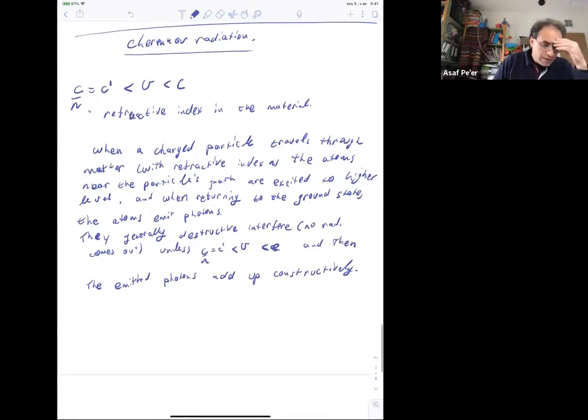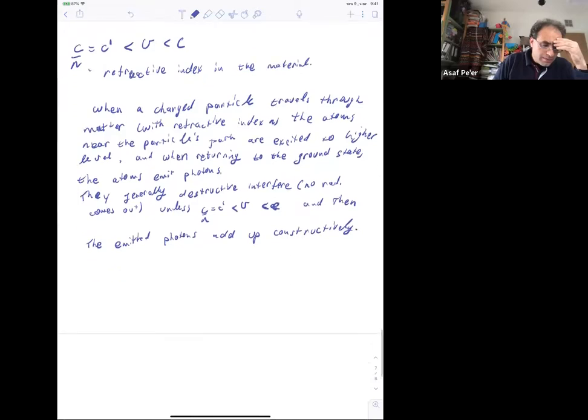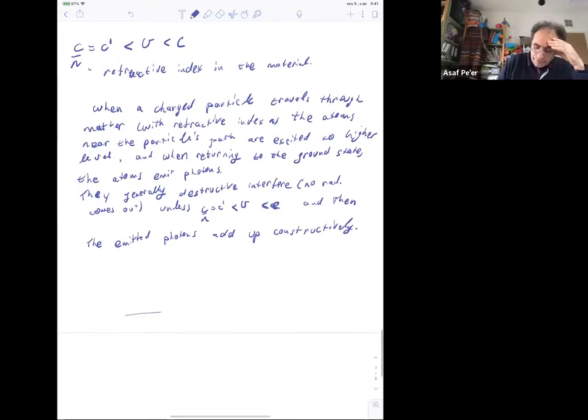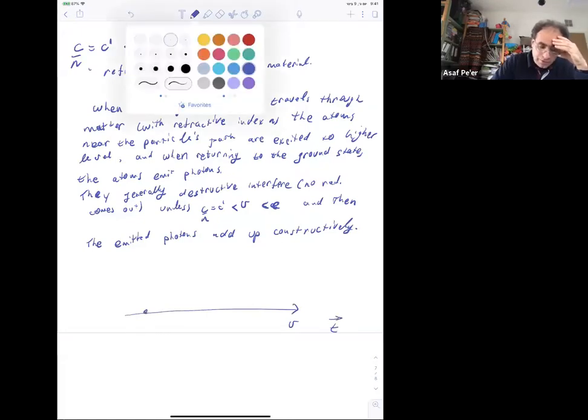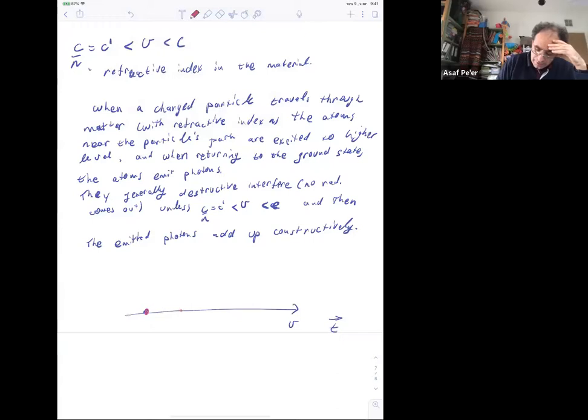Basically you can think of it like that, right? The particle travels in the direction of speed, and time passes in this direction, right? So first the particle is here, here, here, with time.